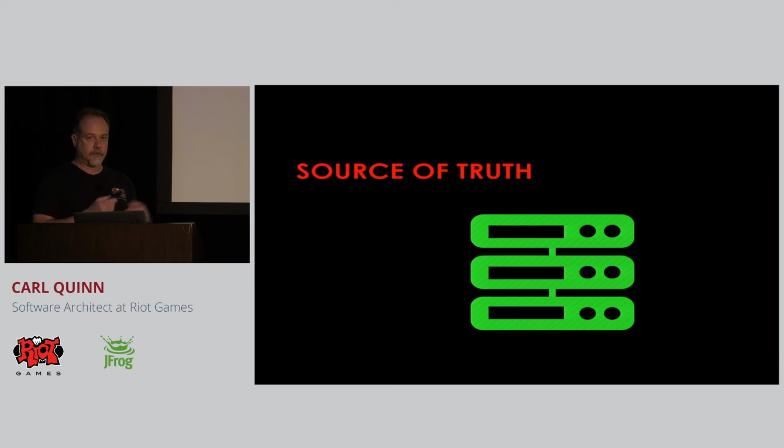Resilient file system and resilient database. And if you need it to be available to all your developers around the clock, then you do want to use the HA version of Artifactory, which will give you enough redundancy and active failover so that you're not going to lose your master repository when things are going crazy and you need to push a new thing to production. So you want a nice, robust source of truth in your master server.